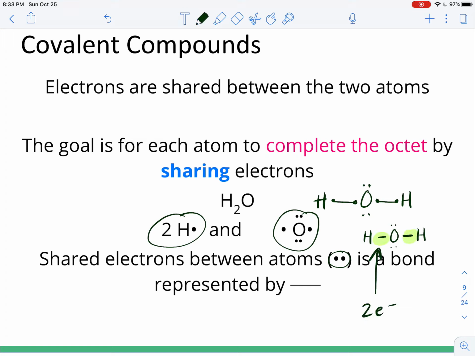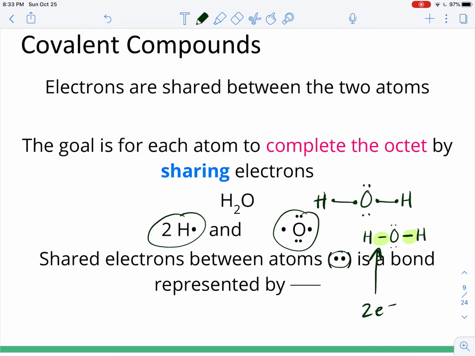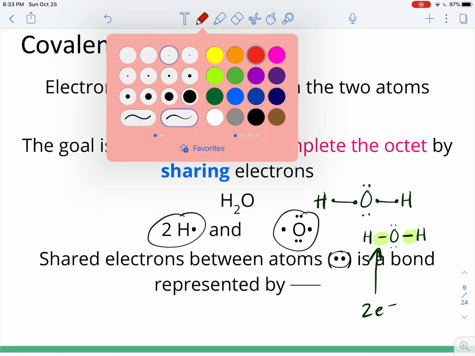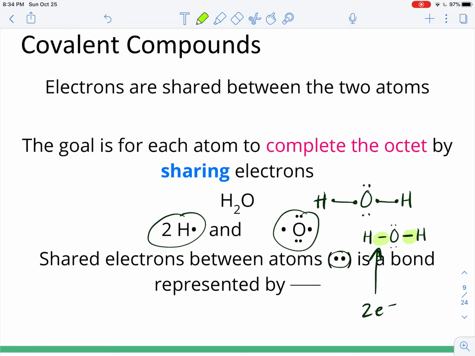Okay, 2 electrons. So then if I go back and I count around the oxygen atom, I'm going to use a different color so we can see it better. All right, so here I have 1, 2, 3, 4, 5, 6. Remember, that counts as 2 electrons, 7, 8.